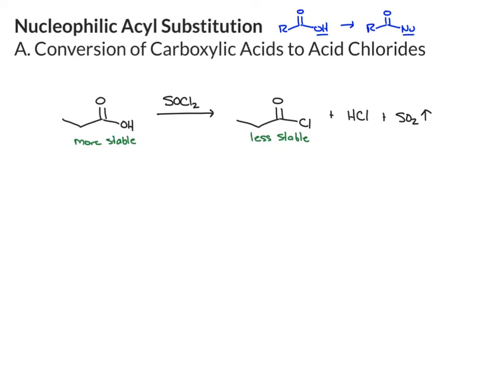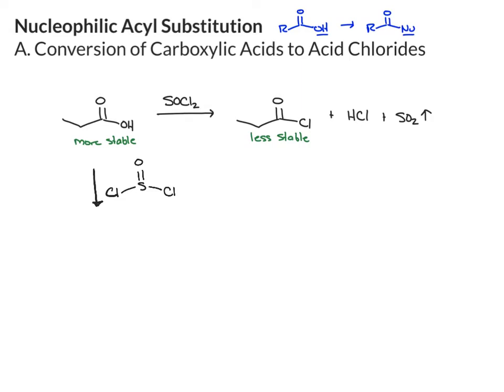So let's walk through the reaction mechanism for this. Here's the structure of the thionyl chloride. You'll notice it's kind of an analog of a carbonyl itself, with the sulfur double bonded to the oxygen.